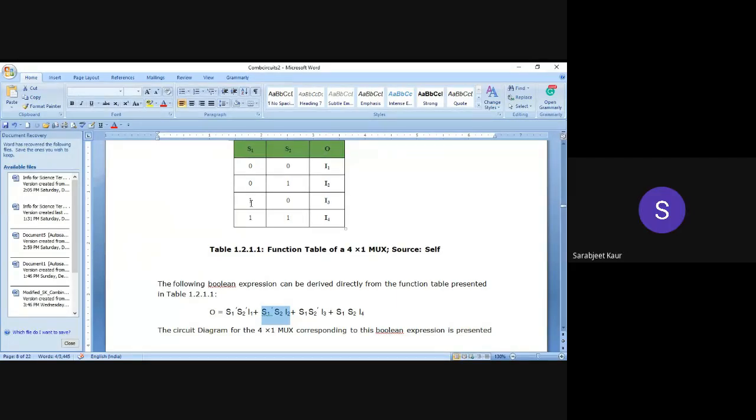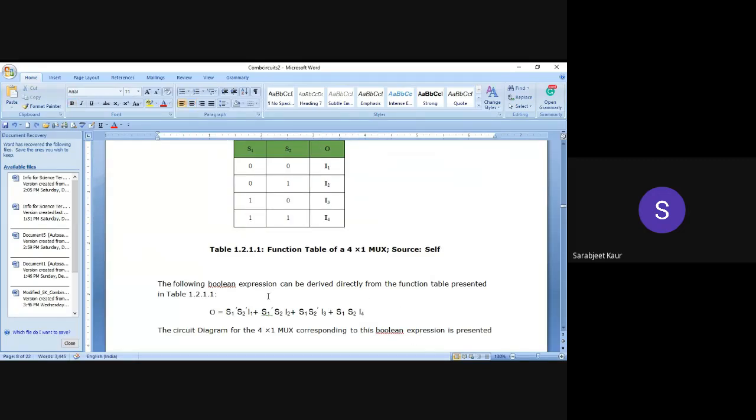Right. Or when S1 is 1, S2 is 0, and I3 is 1. Expressed like this. Okay. Right? Or these two variables are 1 and I4 is also 1.